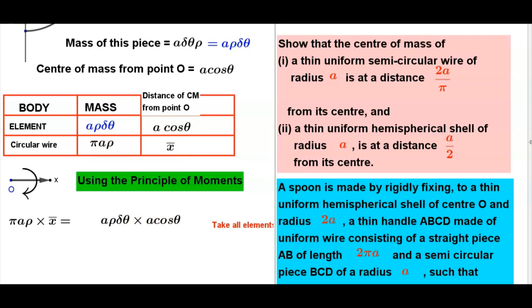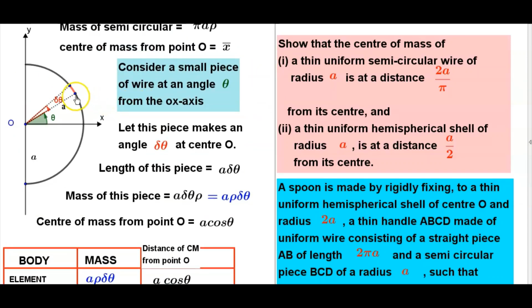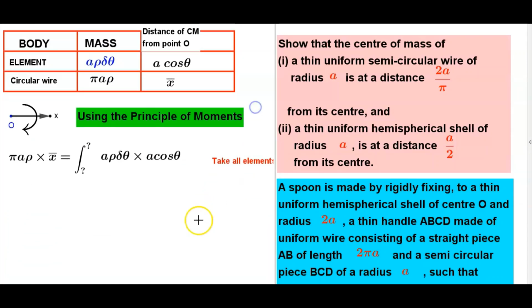So we want to consider all elements. Therefore we want to add, that is, here we integrate, for all elements. All elements are possible for theta varying from minus pi by 2 to plus pi by 2.